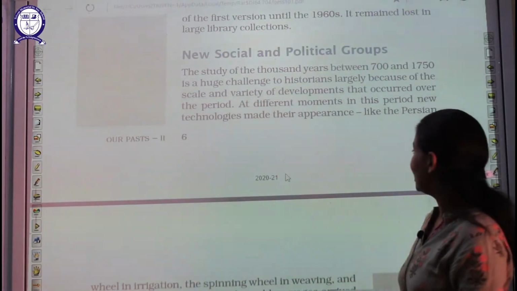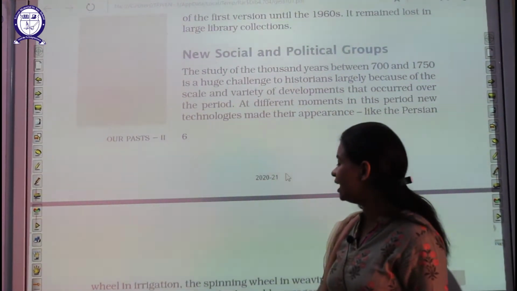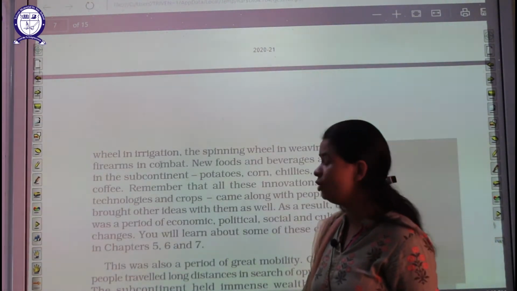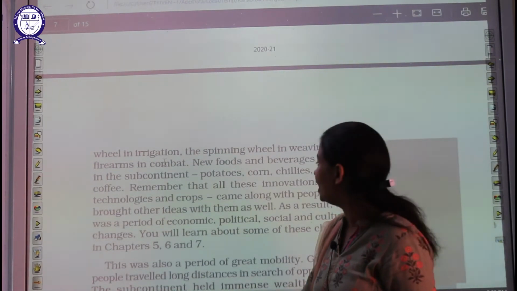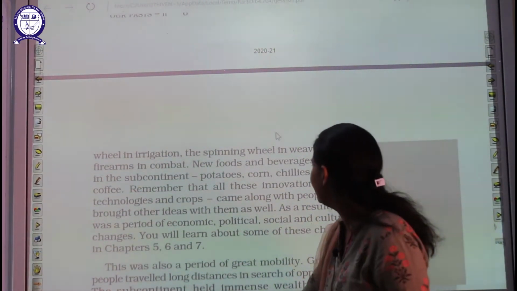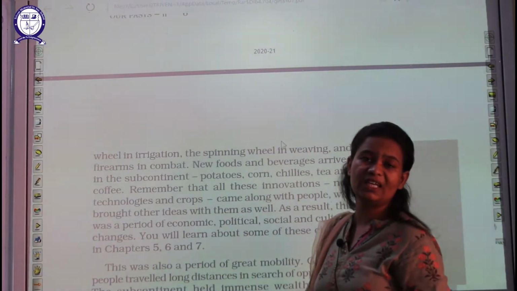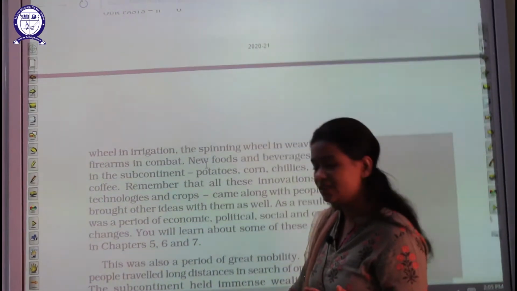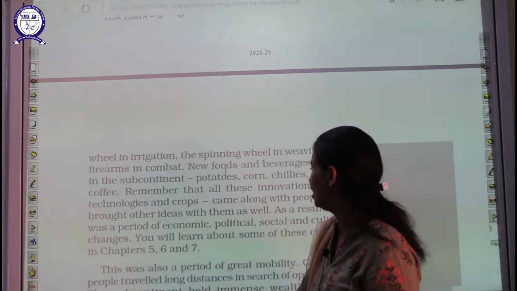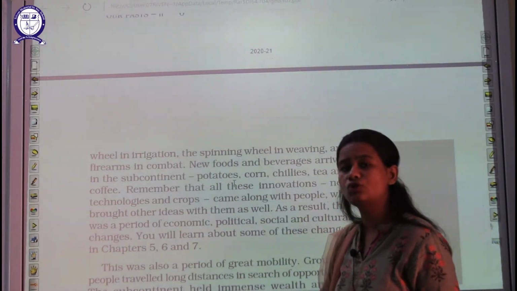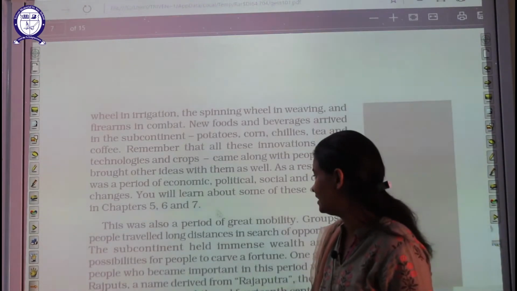People invented the Persian wheel and used it for irrigation. People started using the spinning wheel for weaving clothes, and they also discovered firewood and other technologies. They started growing different crops like potatoes, corn, chilies, etc.